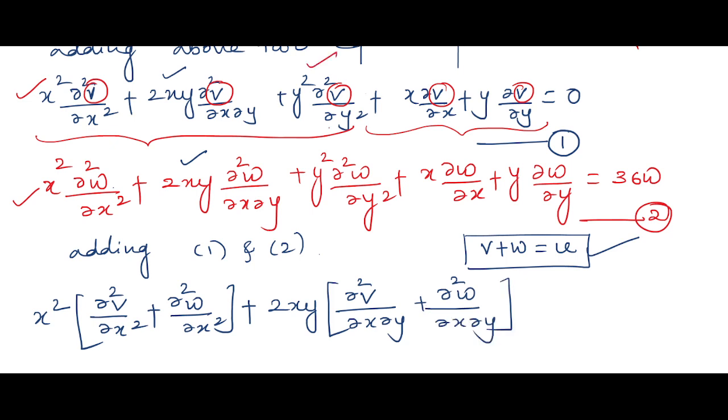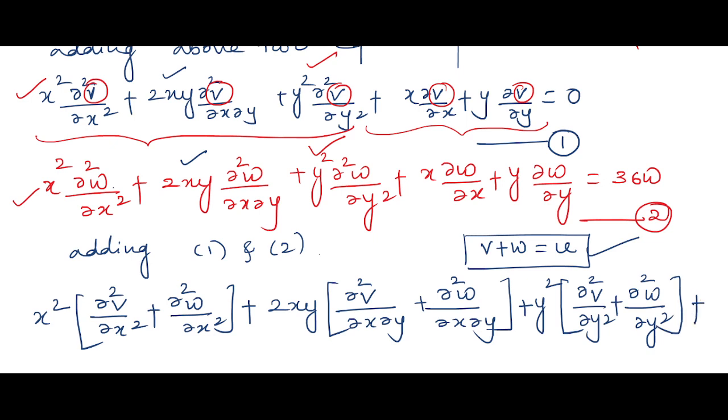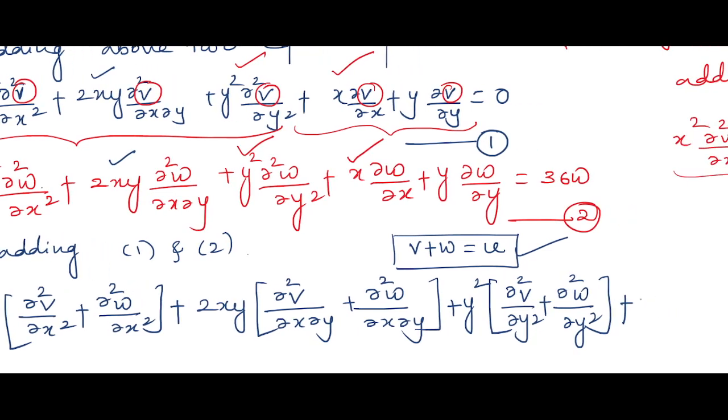Now the third term, y square is the common term. From the third term of equations 1 and 2, we can take y square common. So it is ∂²v/∂y² plus ∂²w/∂y². Plus, now the fourth term of equation 1 and the fourth term of equation 2, we can take x common. x into ∂v/∂x plus ∂w/∂x.